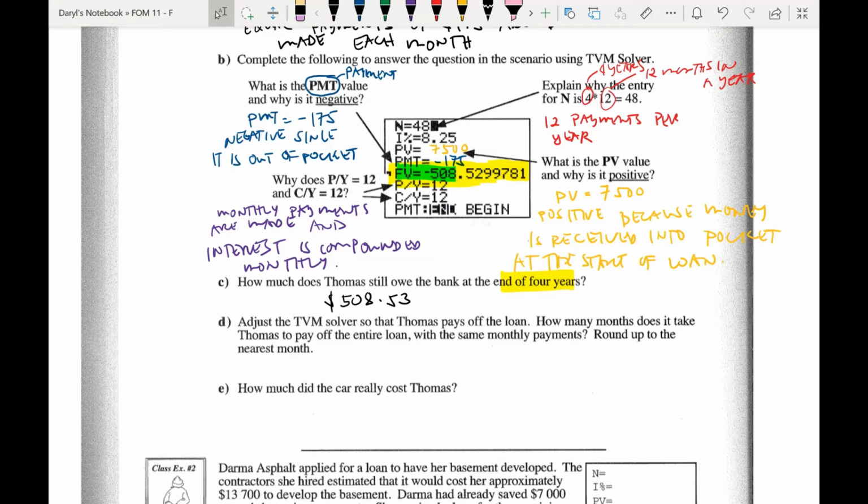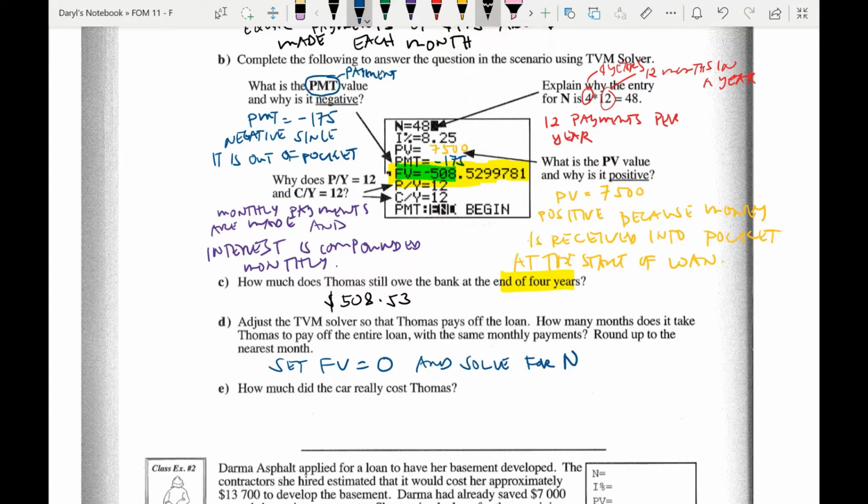What you need to do is set your future value to 0, because you need to pay off everything. If you're going to pay it off, the value is already 0, and solve for n.